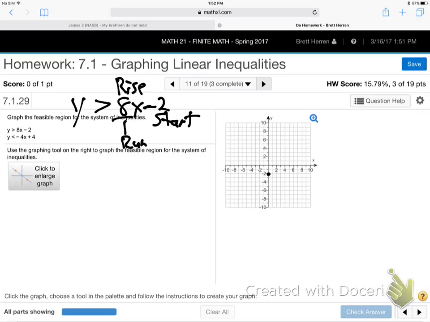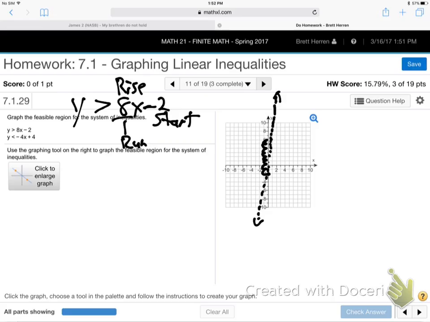So go up 8: 1, 2, 3, 4, 5, 6, 7, 8, over 1. Right there. So I went up 8 over 1. And then that's going to be a dotted line. Like that. Mine looks a little shaky. So there we go. Good so far.